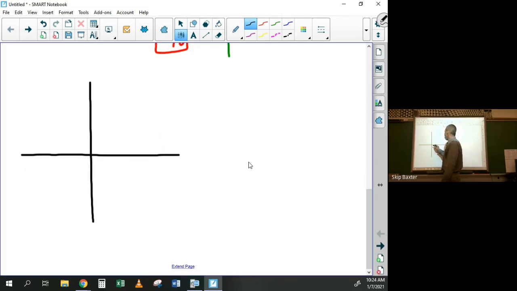Suppose you have a graph. And let's say the graph of f of x is just a line segment. Okay, so let's say it's a line segment that starts right here at -2, -1, and goes to here at 1, 3.